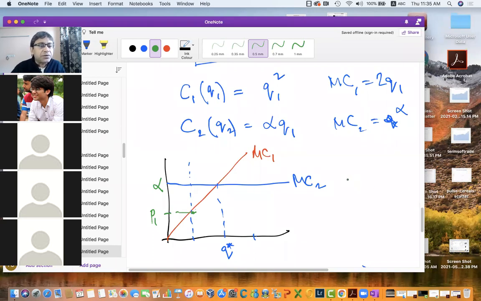At any higher price, firm 2 wants to go all the way to infinity, so those prices will never arise. So essentially, the supply curve of the market consisting of these two firms will be this green part. It will be this part of firm 1's marginal cost curve, and once you hit this point, it becomes flat because firm 2 jumps in and will produce any amount that is needed.